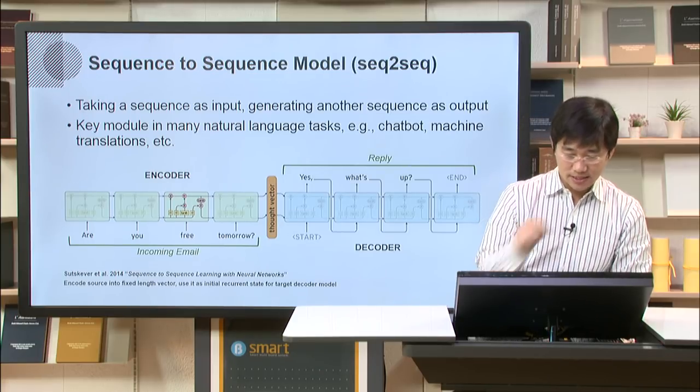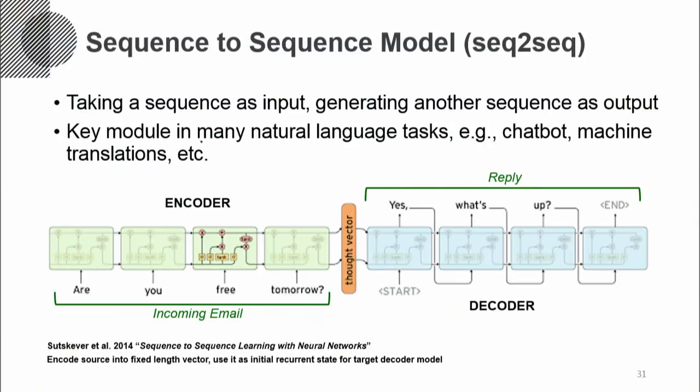It's found in many natural language tasks such as chatbots and machine translation and so on. In this chatbot or email auto response system, suppose you are given this input as a kind of question, and then given this question we have to generate a sequence of response words.